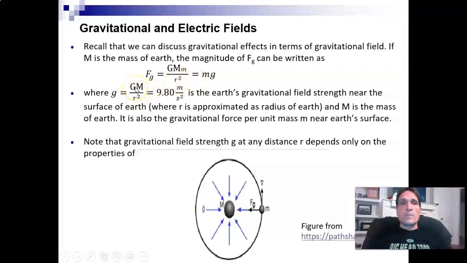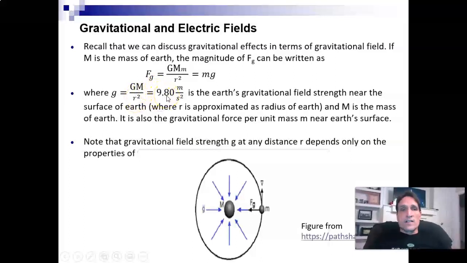And you plug in numbers for G. Big G is 6.67 times 10 to the negative 11. You plug in the mass of the Earth. You plug in the radius of the Earth. And we got that little g was 9.80 meters per second squared if a body is moving close to the Earth's surface.